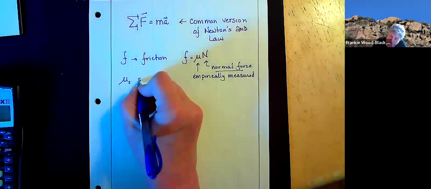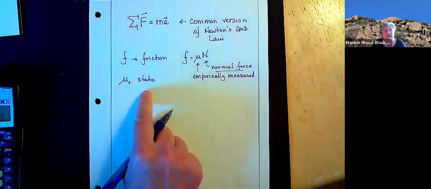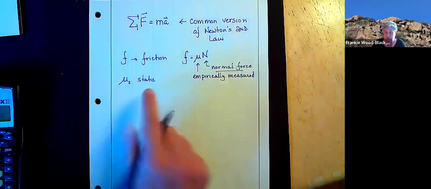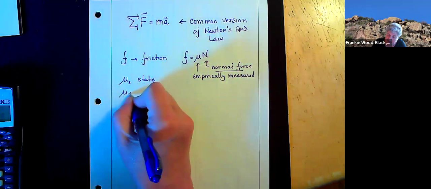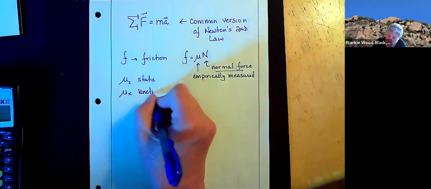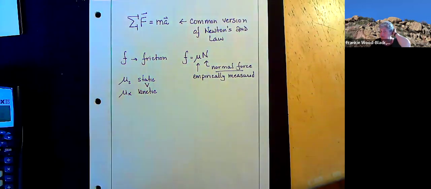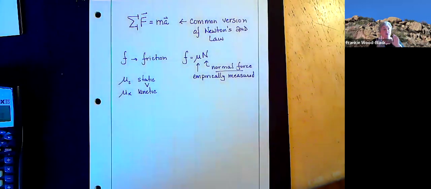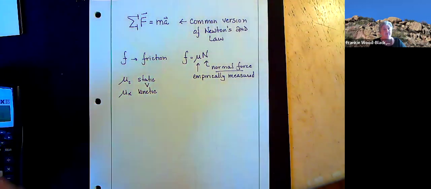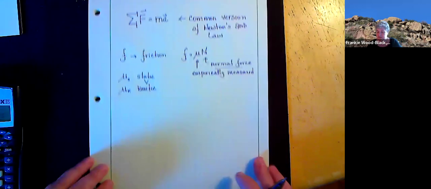I can have a coefficient of static friction, the friction that keeps my object on my inclined plane until it breaks. And then I have a coefficient of kinetic friction, and kinetic friction is always less than static friction. We always know it's harder to get something moving, because we're overcoming a higher friction, than it is to keep it moving. So that's one of the things that's there.